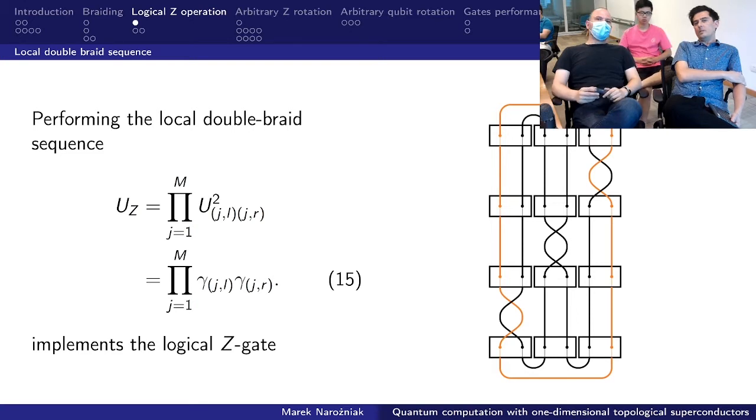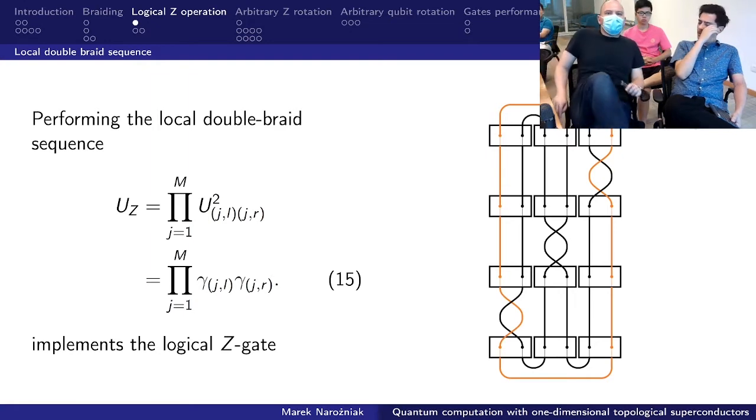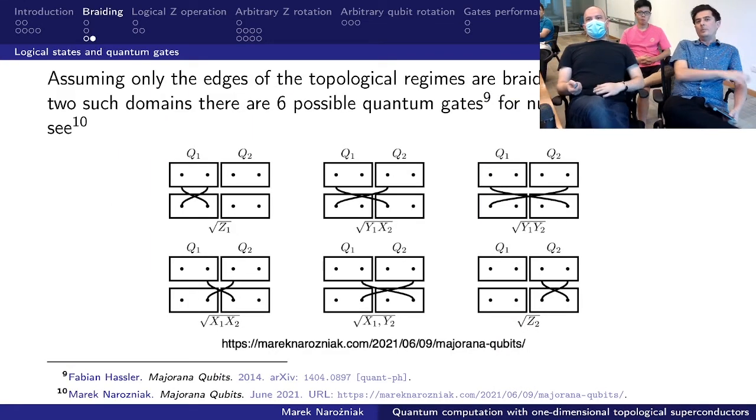Okay, so this is a single chain, and then we braid every site. In the previous slide, if you braid the ends of the chain, then you get a square root of Z, right? Yes.